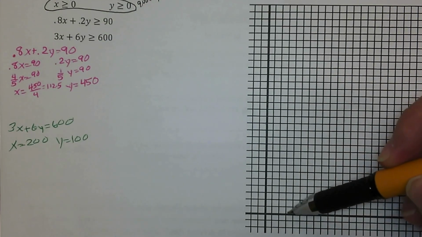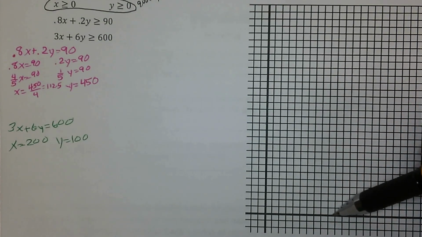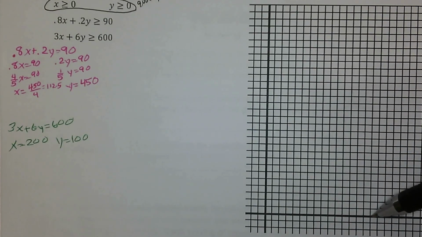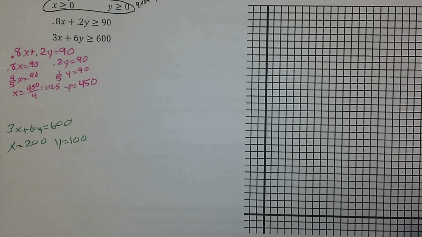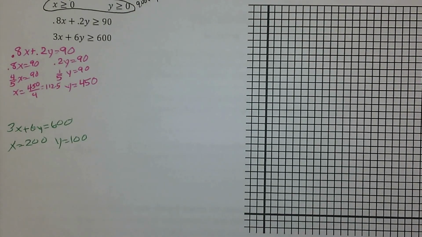Let's see here. 1, 2, 3, 4, 5, 6, 7, 8, 9, 10, 11, 12, 13, 14, 15, 16, 17, 18, 19, 20, 21, 22, 23. This one has 23 marks. So I could count by tens this way.